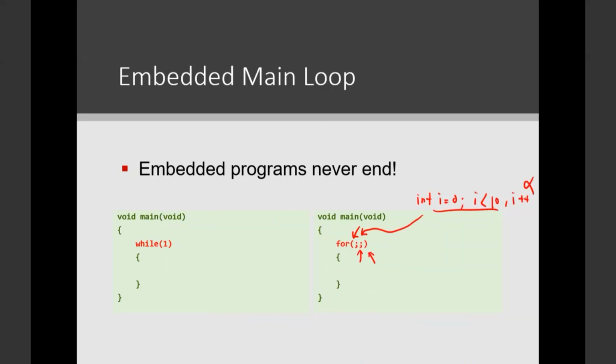So when you put something like this, it will run forever until you stop the program. This is how to make a program that never ends, by using a while loop or a for loop without any condition inside.